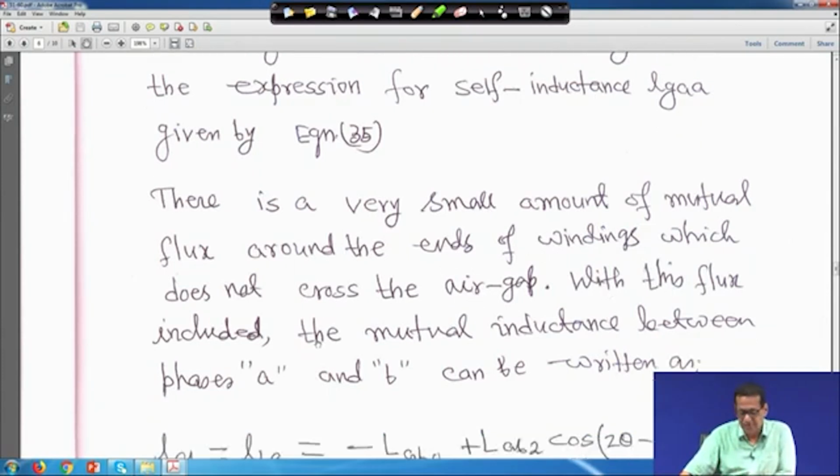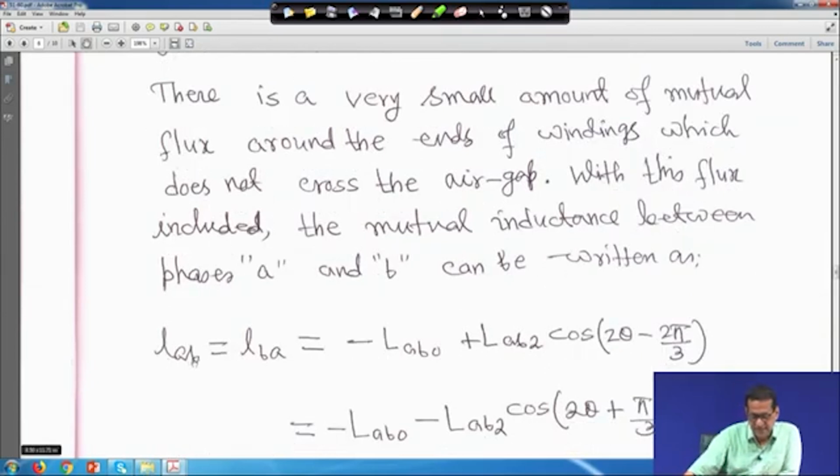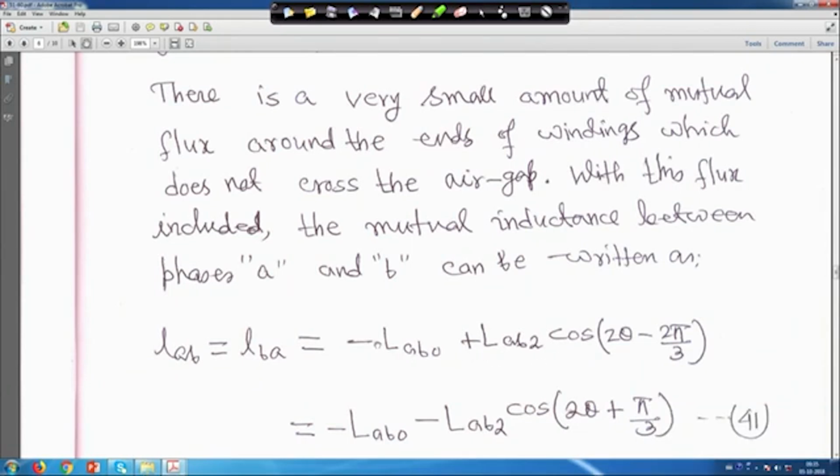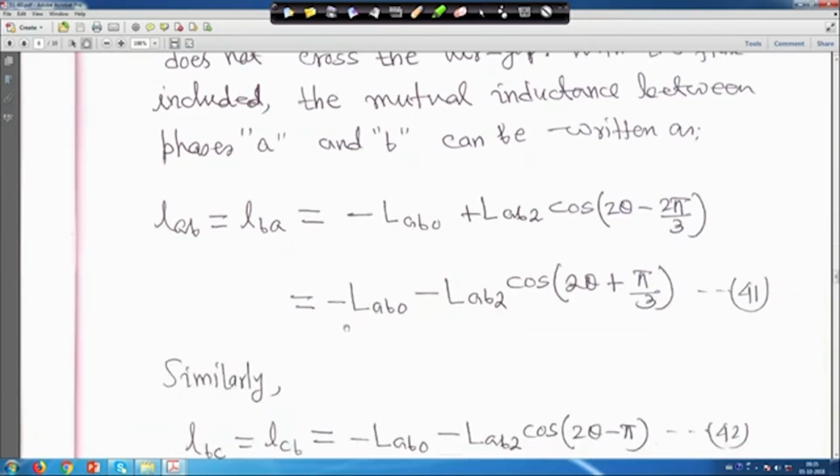With this flux included, the mutual inductance between phases A and B can be written as L A B equal to L B A from the symmetry, equal to minus L A B 0 plus L A B 2 cos of 2 theta minus 2 pi by 3, or we can write this as minus L A B 0 minus L A B 2.